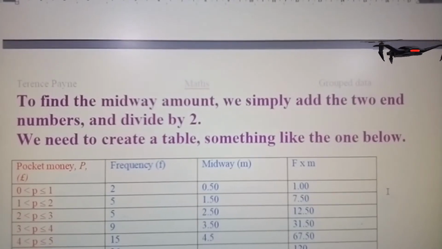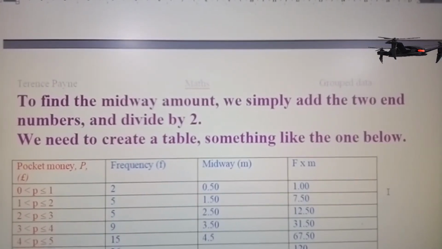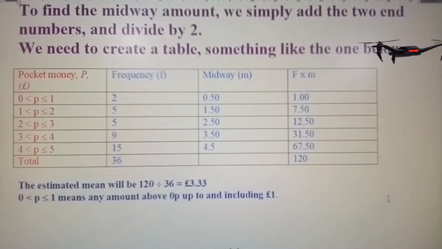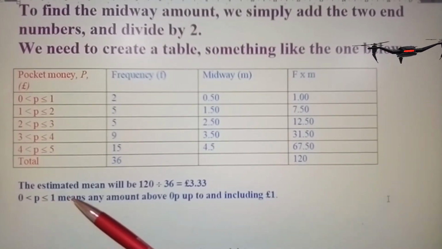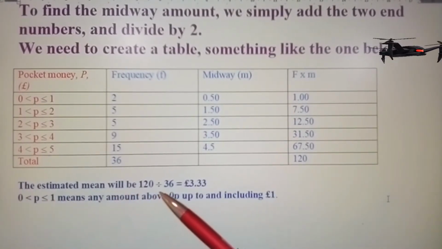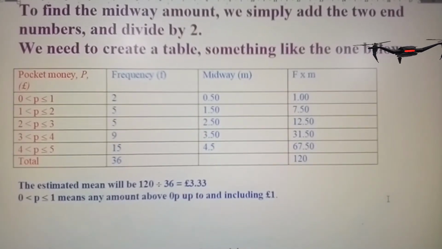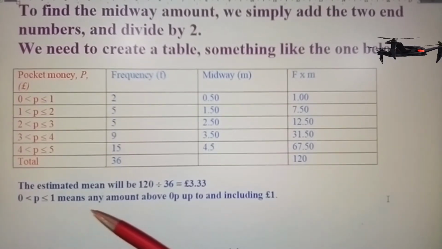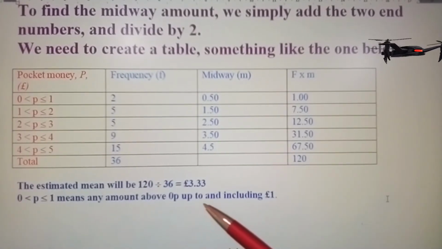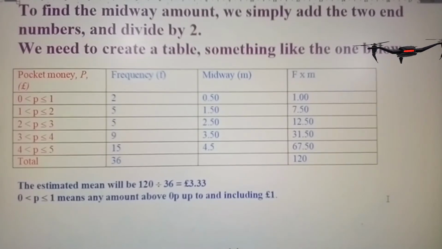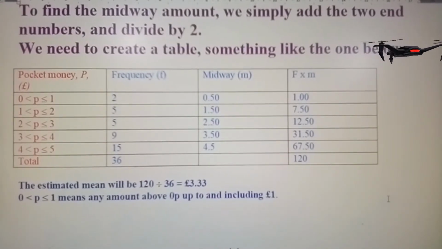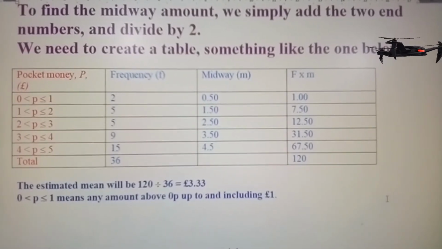Then we go down to here and add these figures up, so you can see the estimated mean will be 120 divided by 36 equals £3.33 on average. 0 to £1 means any amount above 0 up to and including £1. So some people might get 50p or 20p.